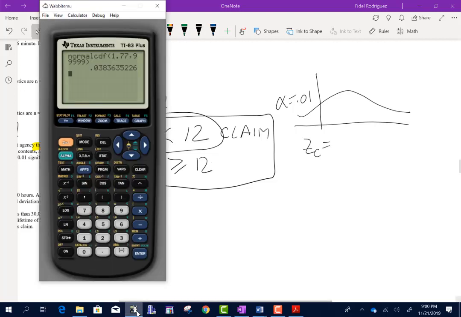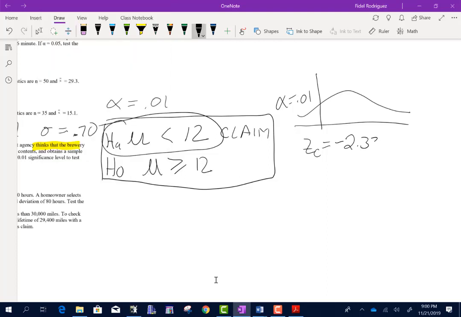How would I find my critical value? You go to the chart. Can I go inverse norm? Okay, what number am I going to type in? 0.01, right? Okay. 2.33, negative? Okay, so negative 2.33, right? Negative 2.33, okay? Guys, can we find our Z value using this right here?